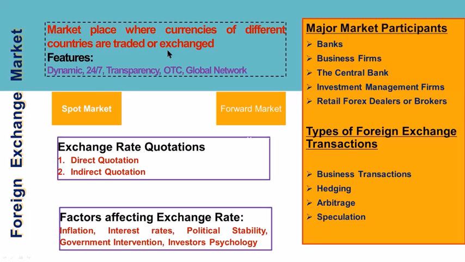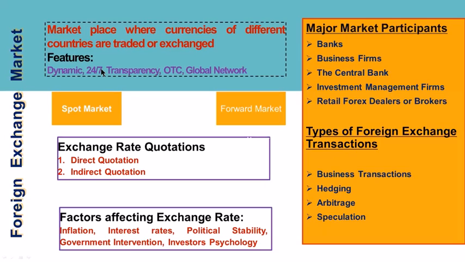Now, as we know, the foreign exchange market is very dynamic. It's a dynamic global market because it helps in the exchange of currencies among the countries involved in international trade. Different categories of currencies, different denominations, different values. It is not restricted to the geographical boundaries of any nation. So that's why the market is very dynamic.